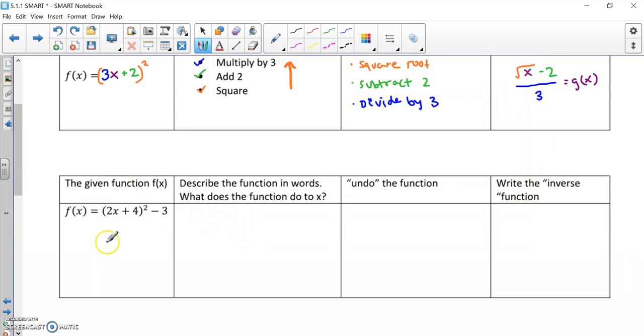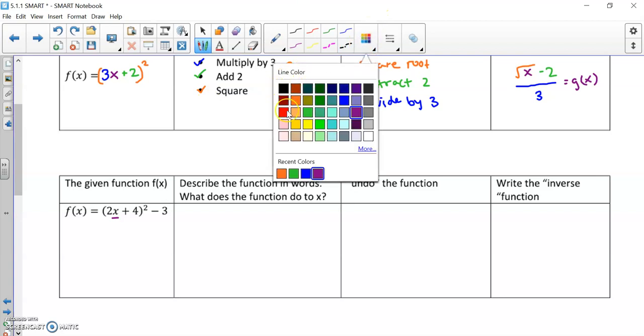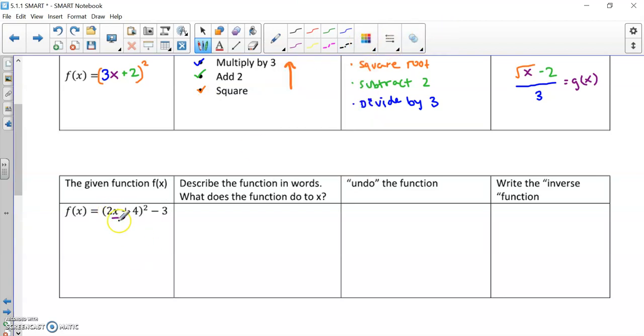So let's do another one. This time I gave you the original function, but we have to describe it in words. You have to be able to do these from any of these points. So we start by looking at this x. And you're like, okay, what happened to it? So we'll start with the fact that it was multiplied by 2. That's the first change that occurred with that x. Okay?